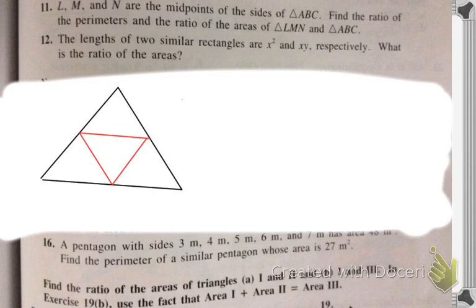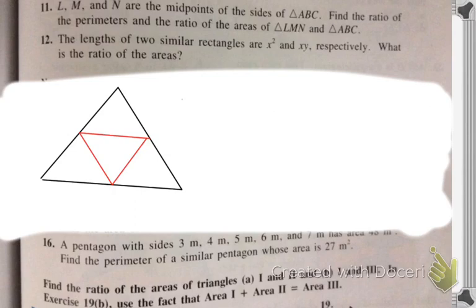How much area is being taken up by this little triangle? If I pull this out of the big triangle, how much of the big triangle is missing? Just intuition-wise, a quarter. This is a quarter the size of our entire big triangle.